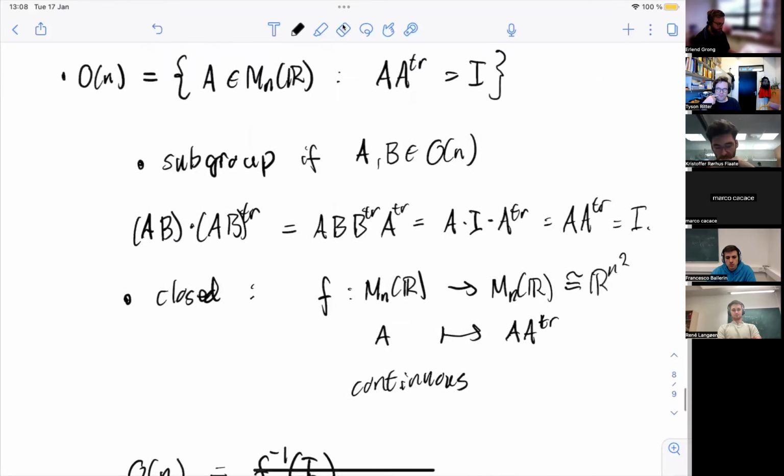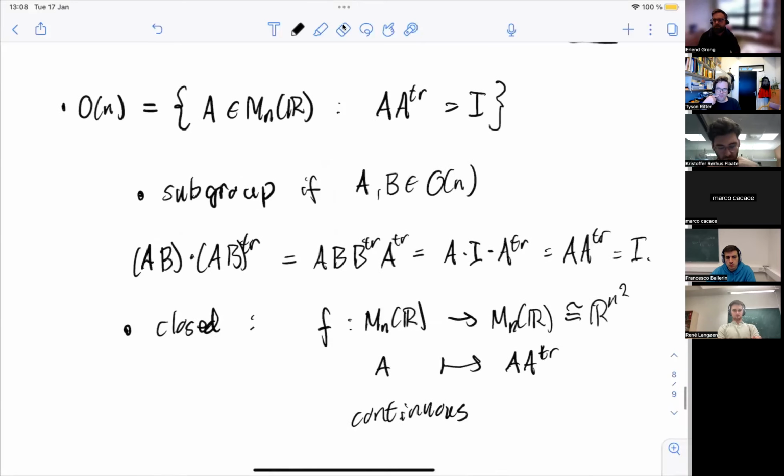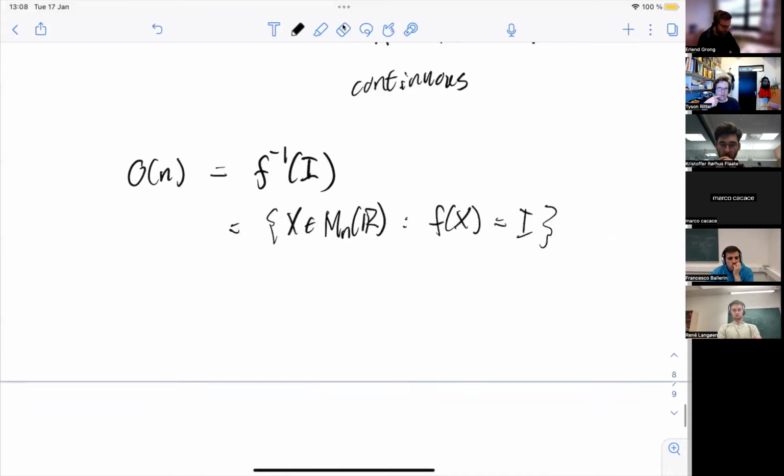Usually this is how we do this kind of thing: you consider all matrices, then you have defining equations, and if you show that your limits can't escape that defining equation, usually by showing it's the level set of some continuous map, then you have a closed subgroup and a matrix subgroup.